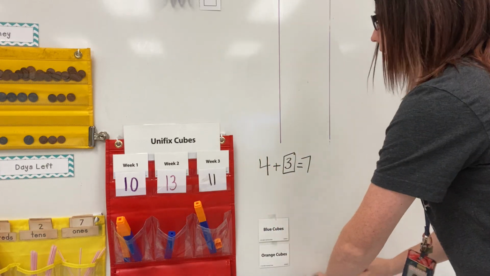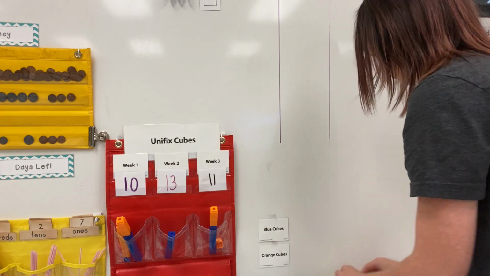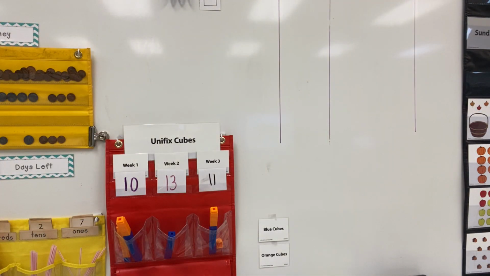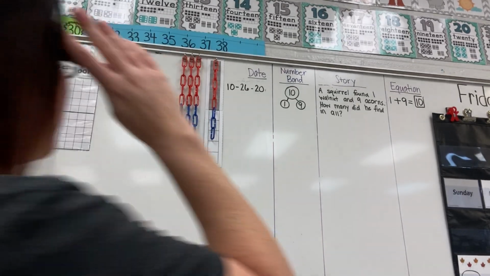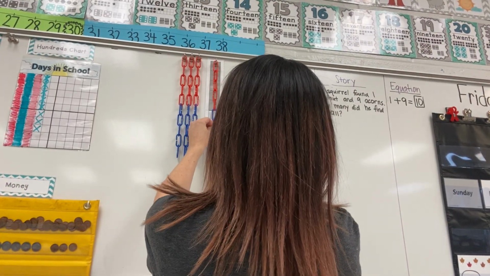And let's erase this. And we are going to add to our chain links. So we need to add another one for today. I'm going to move you back so that you can see better. There's our chain links. We're going to add another chain link for today.